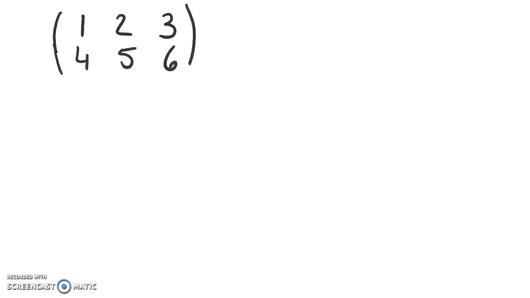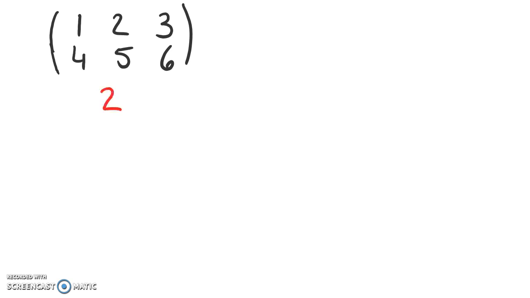Now, that matrix was 1, 2, 3, 4, 5, 6. To be able to multiply by a column vector, we need to make sure those inner dimensions match. As we spoke about before, we have 2 rows and 3 columns, so we have a 2 by 3 matrix. That means that the inner dimension to match is this 3.